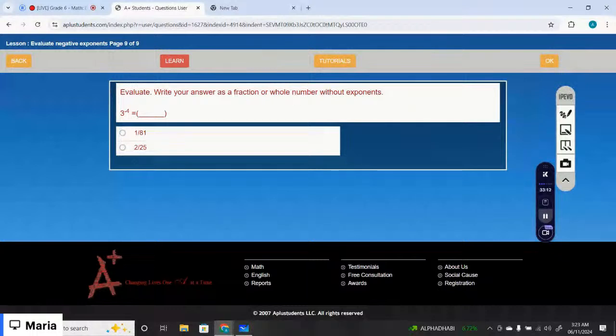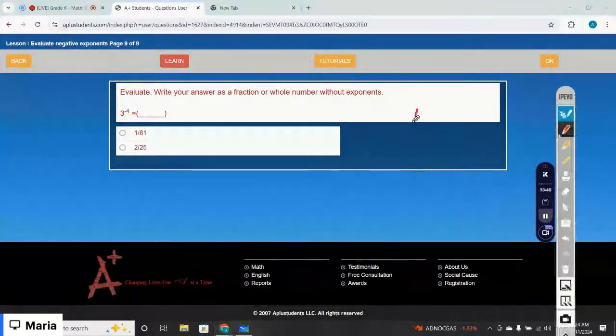3 exponent negative 4, which is the correct option? 3 exponent negative 4 means you have to do 1 divided by 3 times 3 times 3 times 3, right?